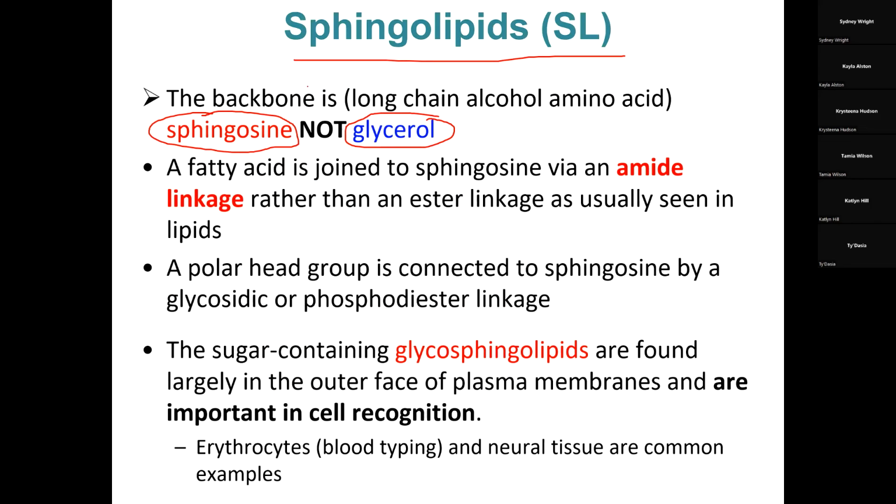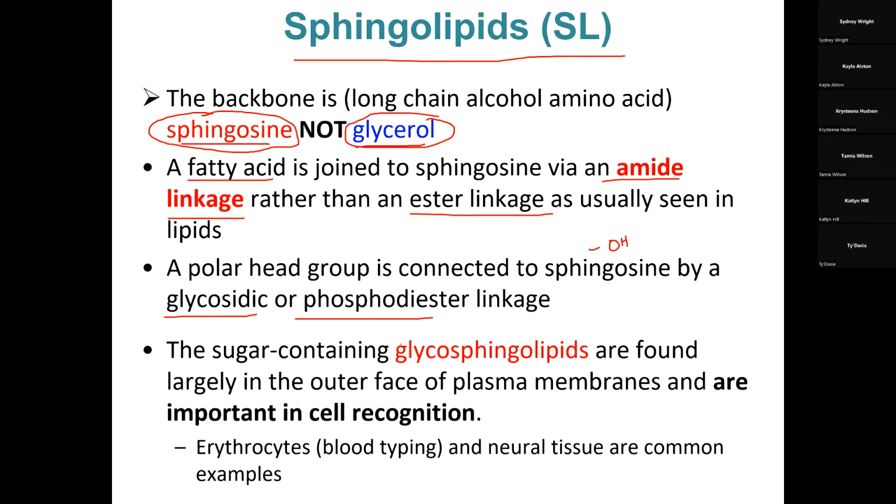So the backbone is sphingosine instead of glycerol. The fatty acid is joined by an amide rather than an ester. The polar group is connected usually to a sugar or a phosphate group on one of the alcohols on the sphingosine.